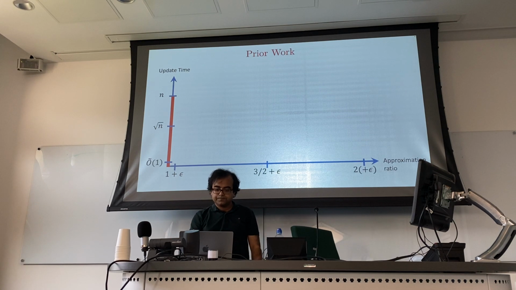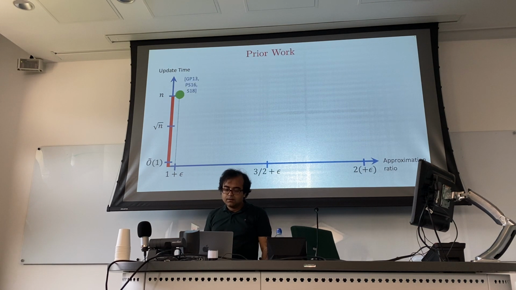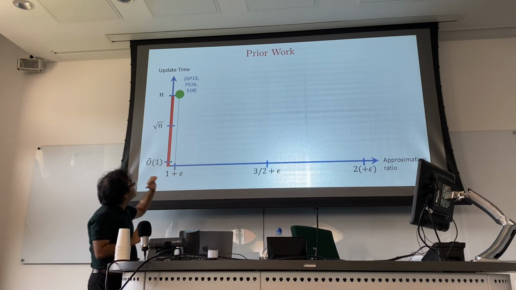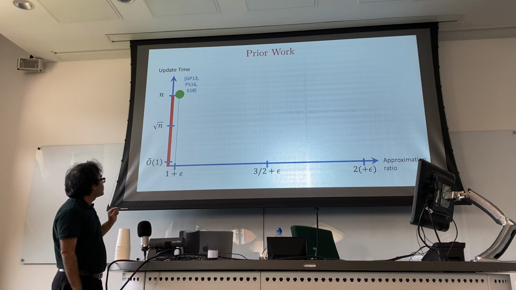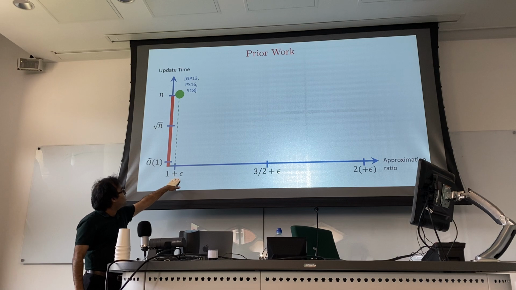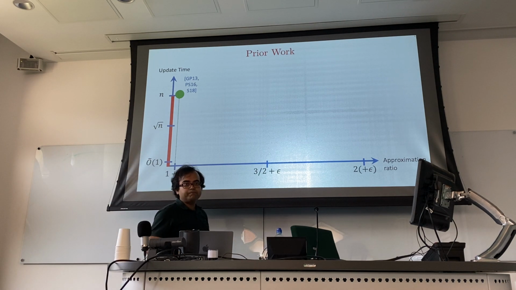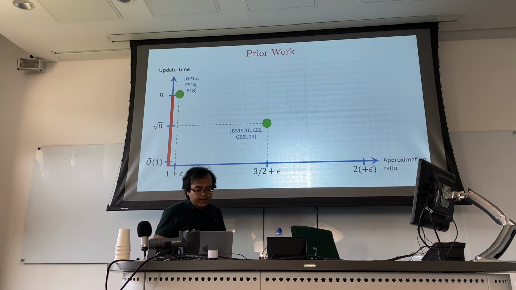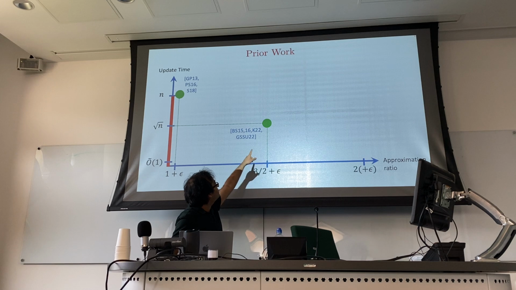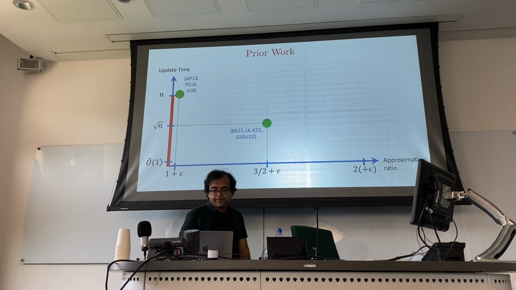What is known? Basically, there are three main sets of results. The first one says that if you care about 1 plus epsilon approximation, we can actually get n update time. The second one says if you want 1.5 approximation, we can get root n update time.